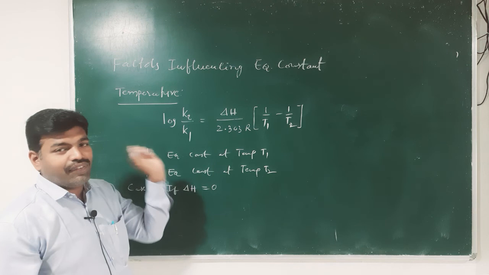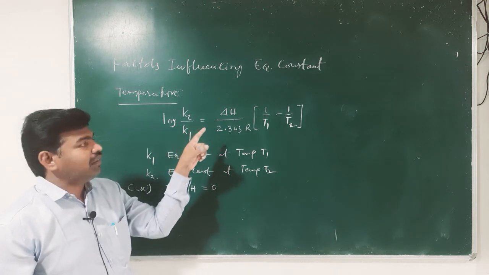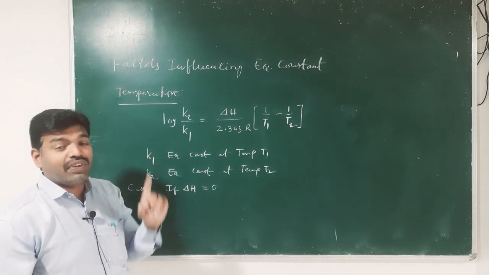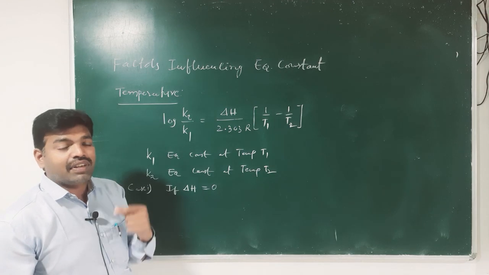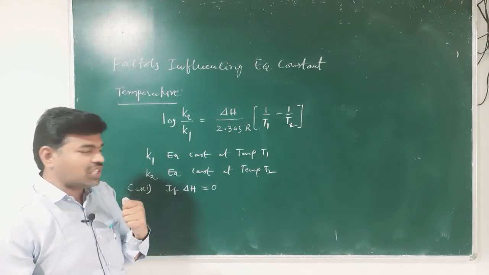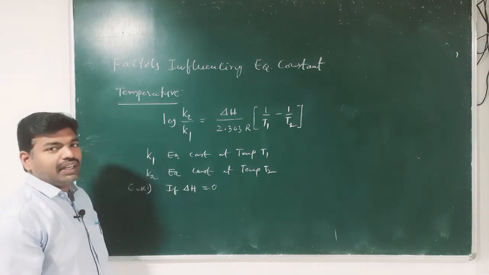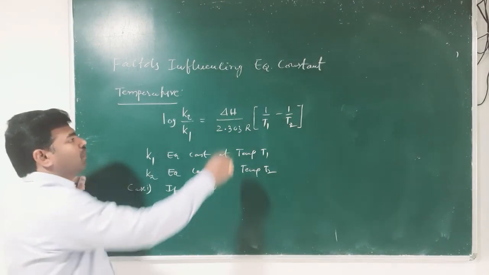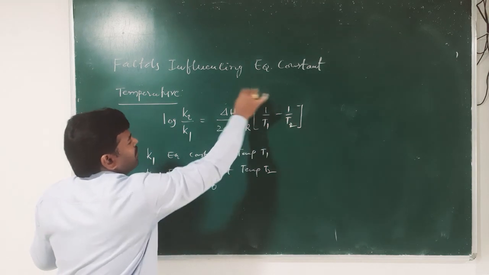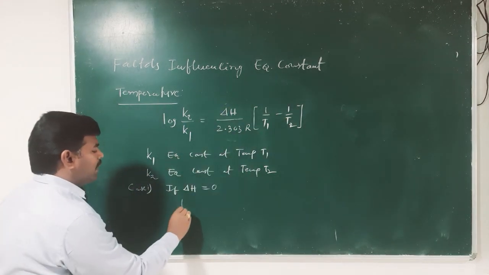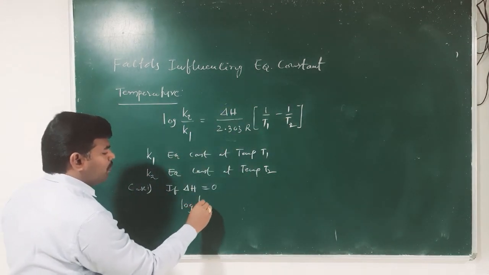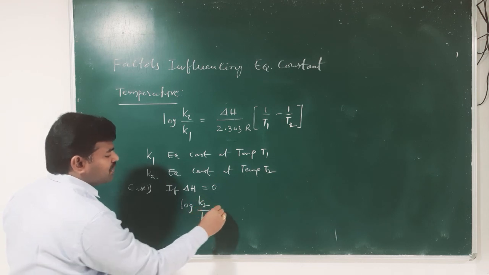I will definitely discuss the thermodynamic terms when we discuss the thermodynamics chapter. If delta H is equal to 0, what happens? This all becomes 0. So log K2 by K1 is equal to 0.